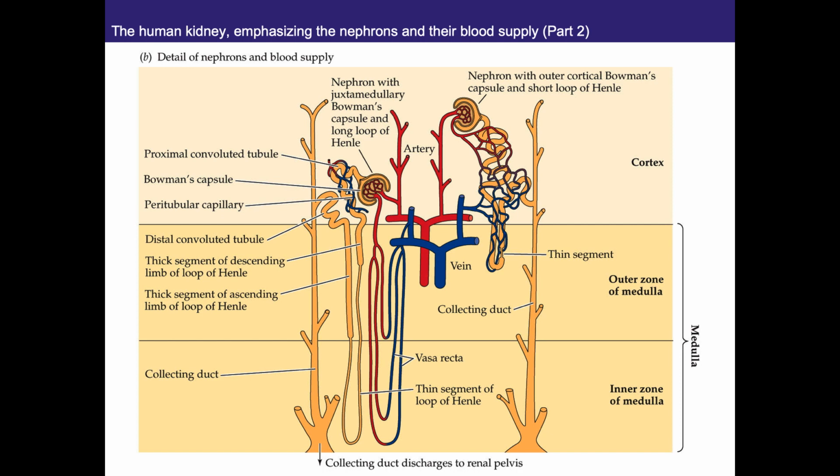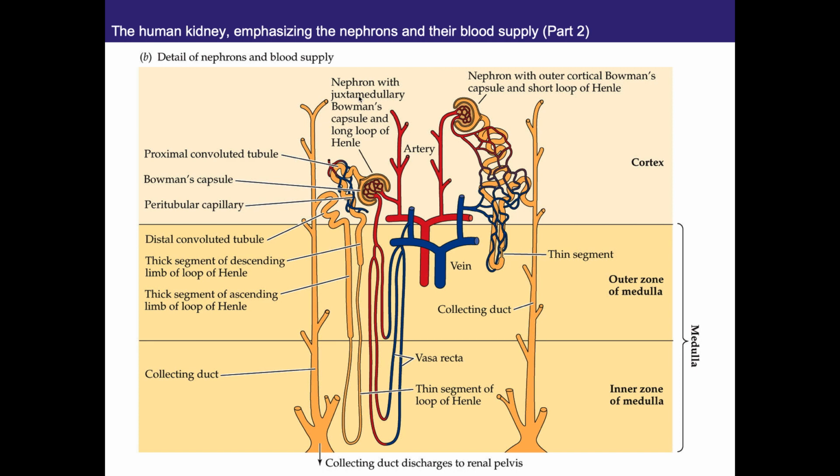Okay? So also I want you to notice the vasa recta here. We'll be talking about the vasa recta in just a second. This is the blood supply, and it's named the vasa recta. It has a special name because it only surrounds the loop of Henle of the juxtamedullary nephron.